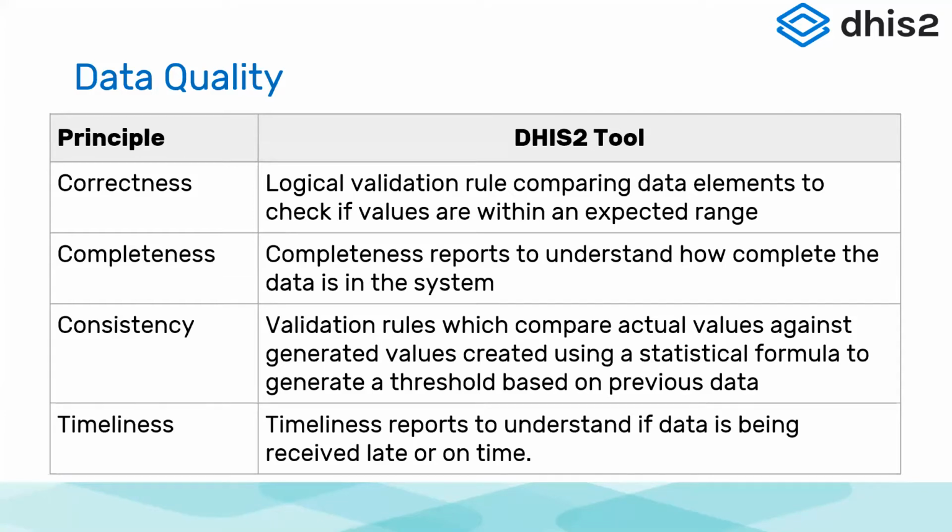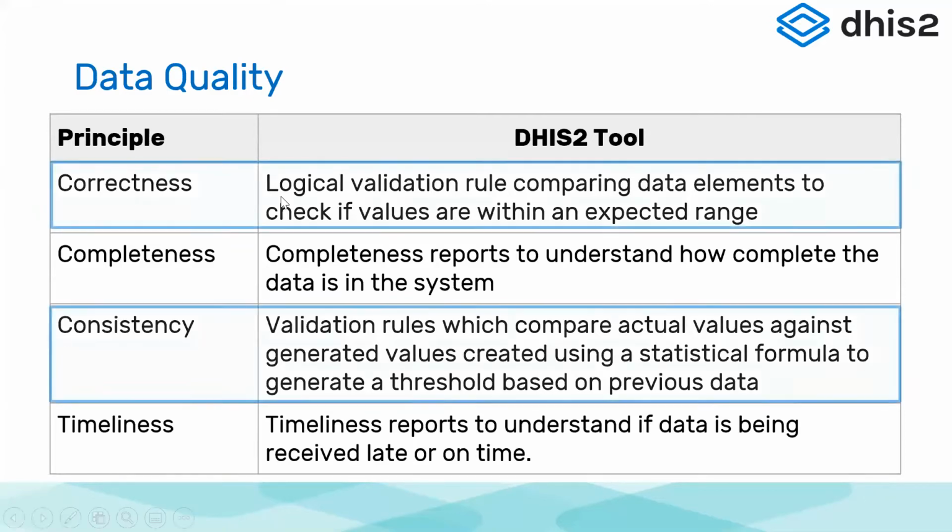The rest of the two, correctness and consistency, are the focus today. Correctness is how correct your data is, how close your data is to reality. In DHIS2, as Neha discussed, logical validation rules are there to check correctness. The other thing is consistency.